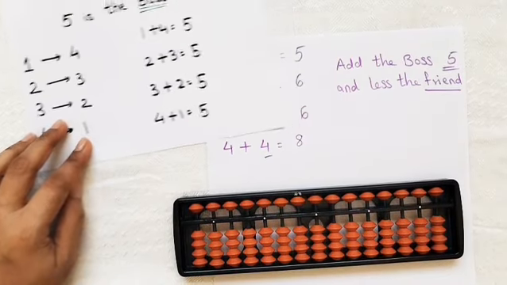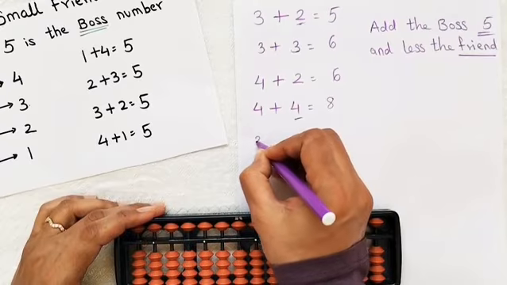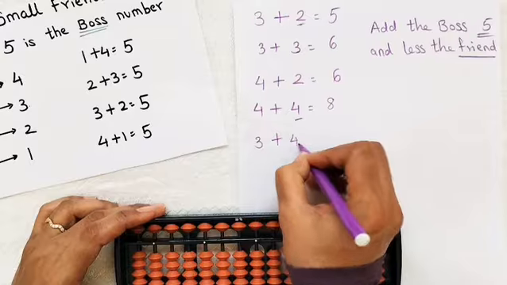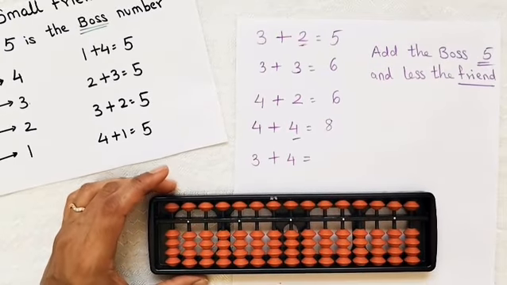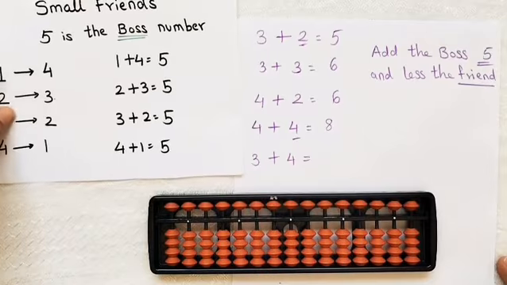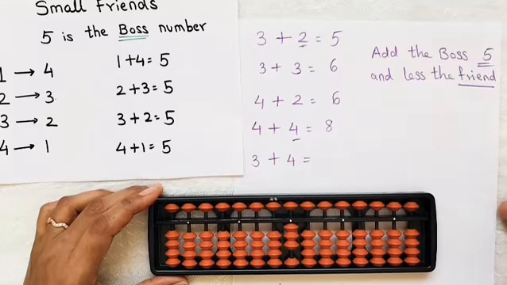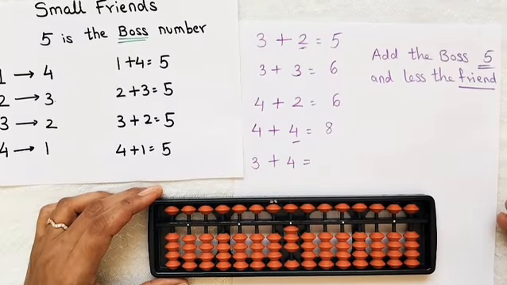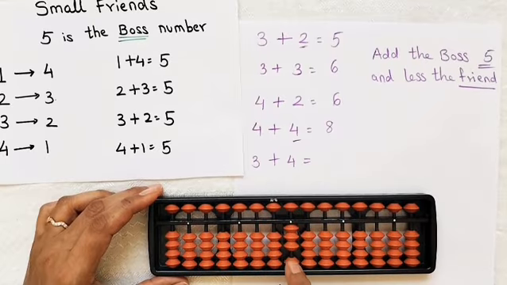Can you try one more for me? Now you have to do this. 3 plus 4. How will I do this? First, we place 3. Then, next step, do we have enough beads?